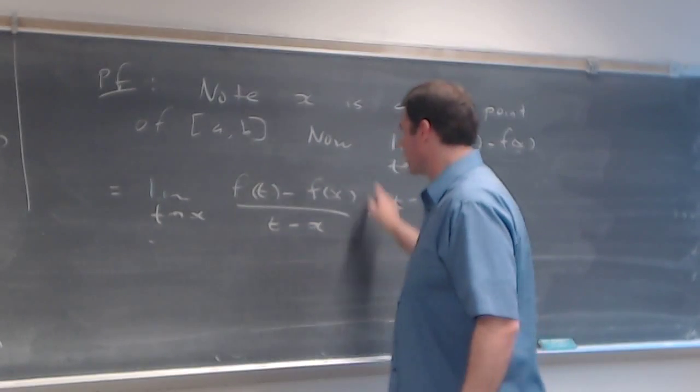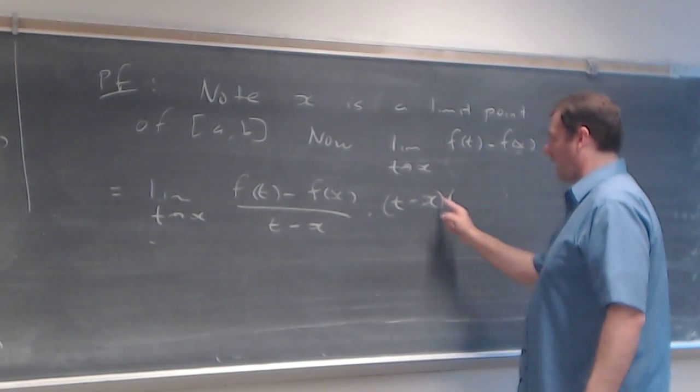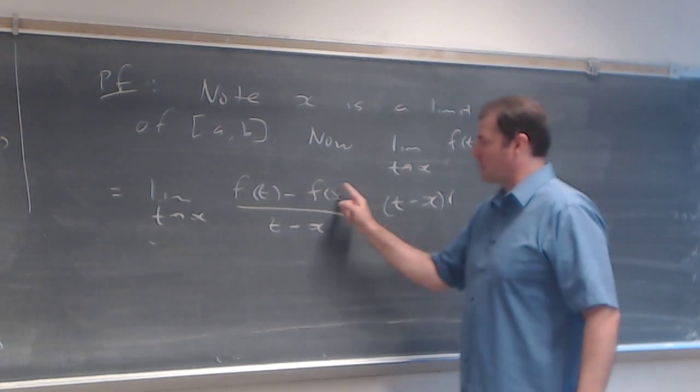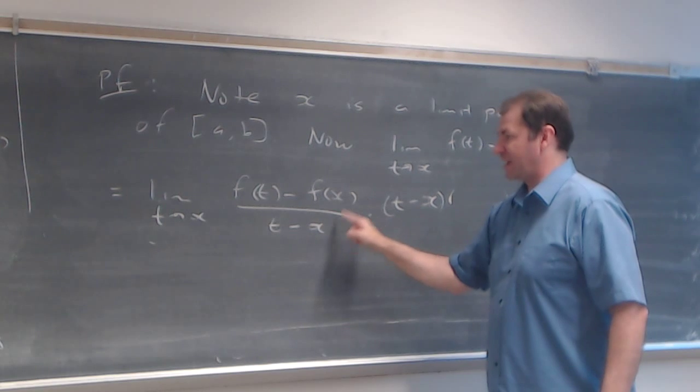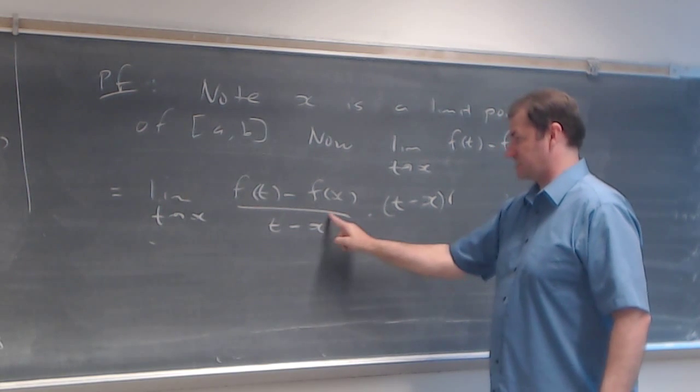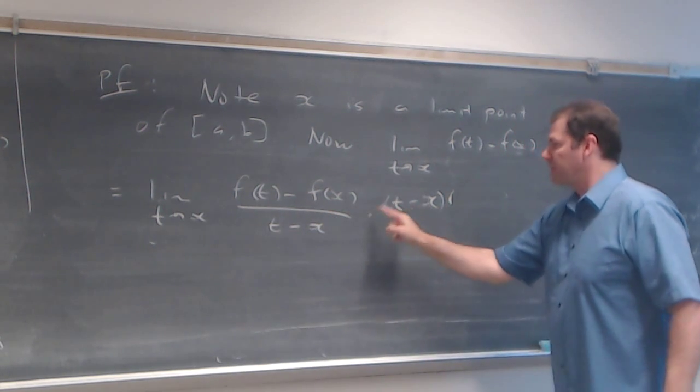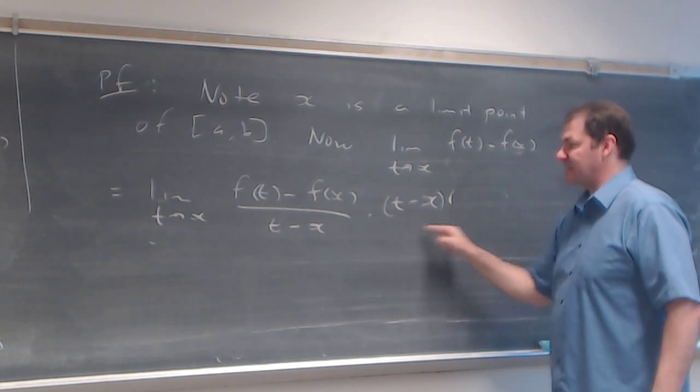And we know this derivative exists. We know that this limit as t goes to x of this quotient function exists because f prime of x exists, and that's what this is. The limit as t goes to x of t minus x, that's 0.